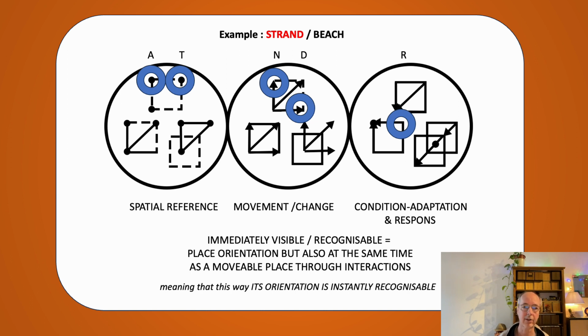There's a changeable condition. The strand is not a fixed place. It's adaptive, and we adapt to it, and nature adapts it. It's changeable. That's an element. However, you associate it, because this is already using your logic, using your imagination, but it's the way this fits with the coordinates.